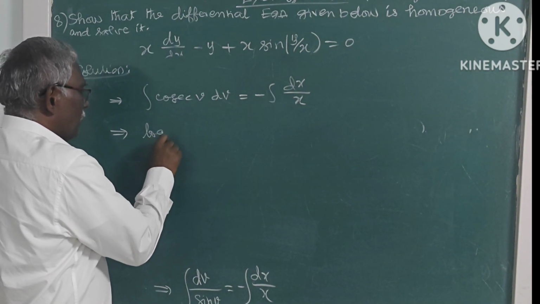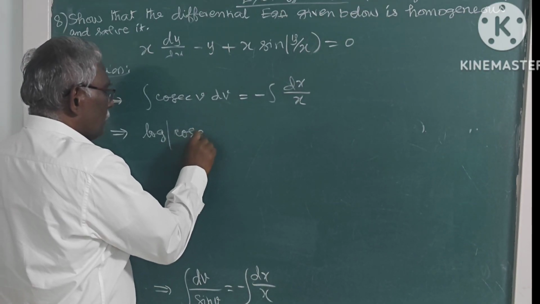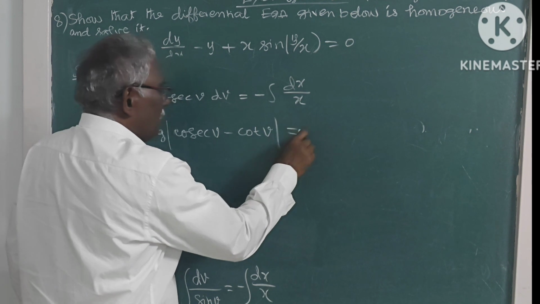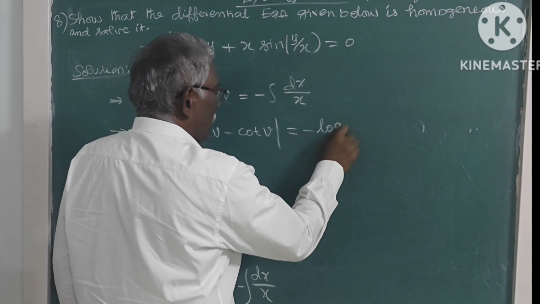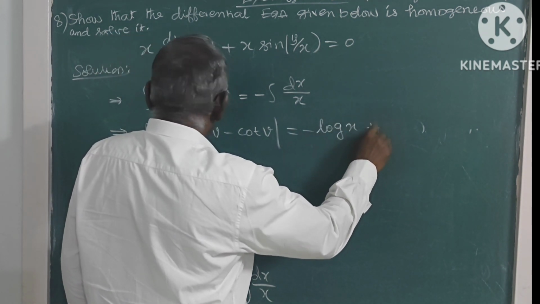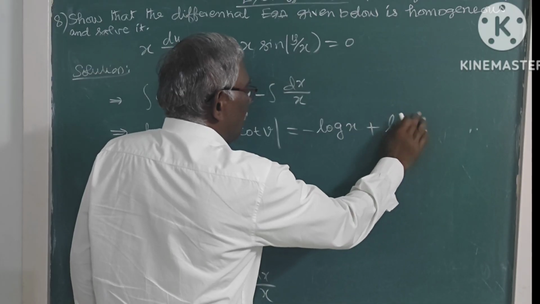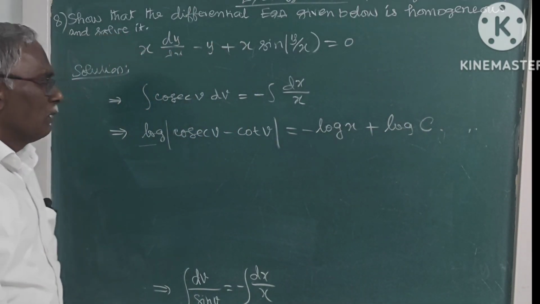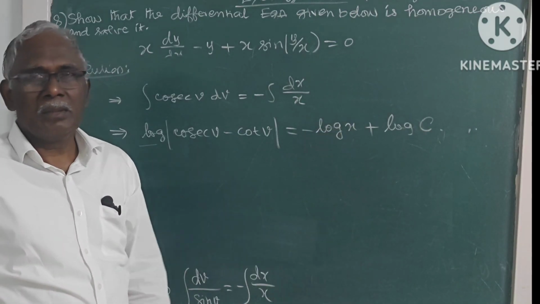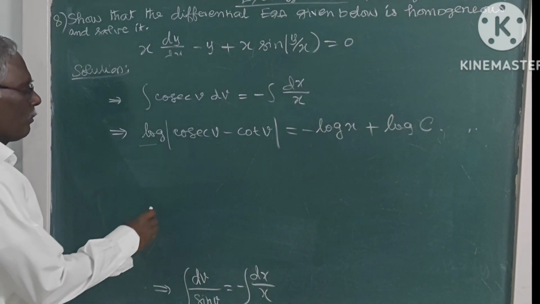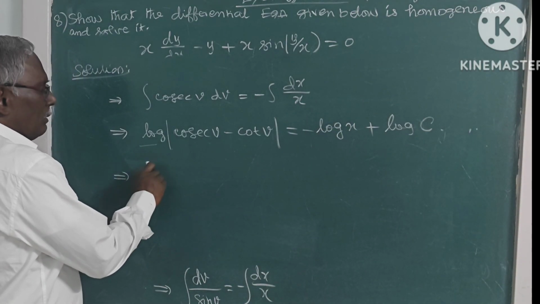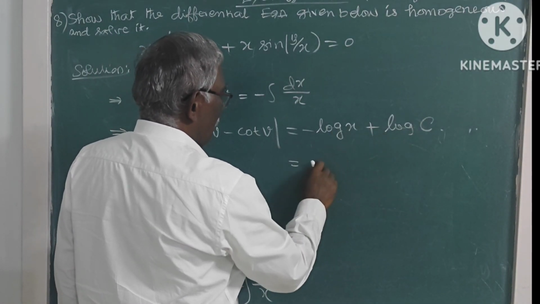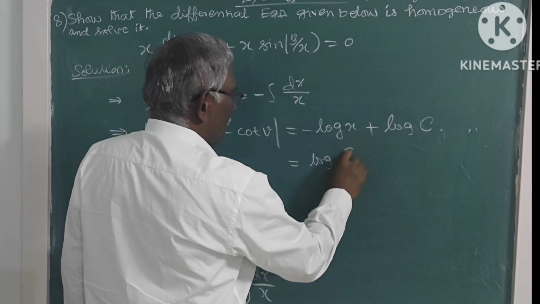So this is log of cosecant v minus cot v is equal to minus log x plus log c. Here also log is there, so constant we can write as log c. So this is nothing but log m minus log n, log c by x.